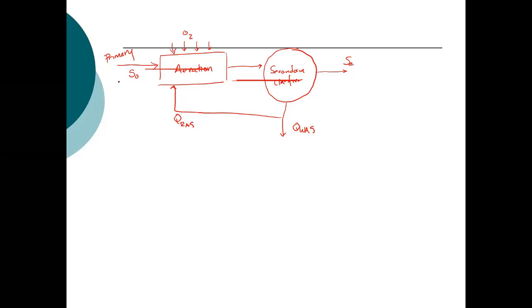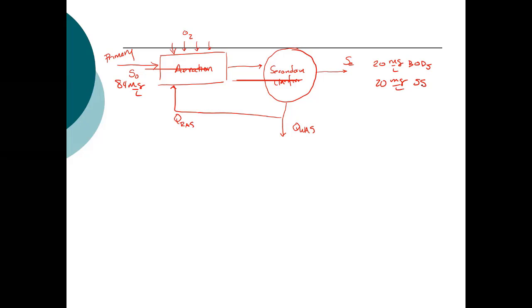So you're told that this is 84 milligrams per liter. You're told that the effluent is 20 milligrams per liter, and that's our BOD5, and 20 milligrams per liter suspended solids.